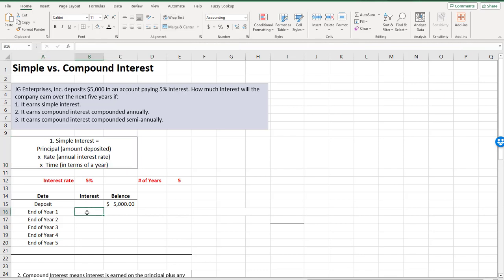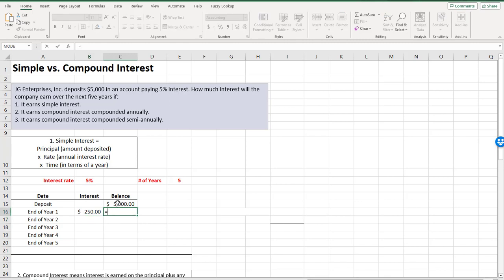So at the end of year 1, we're going to have interest equal to $5,000, which I'm going to make absolute because we're going to use the same numbers, times 5%, so that's the principal, times the rate, times the time. And the time is technically 1. We don't, of course, need the 1, but just so that we understand, principal times rate times time. So our interest is $250.